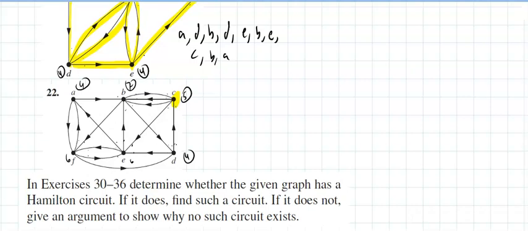So I could run from C, E, B, D, and then from D back to C. That part is done. And then I could go to B on one of those, and I could run to F maybe.